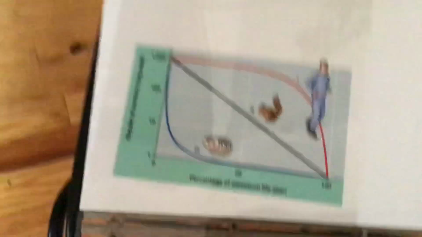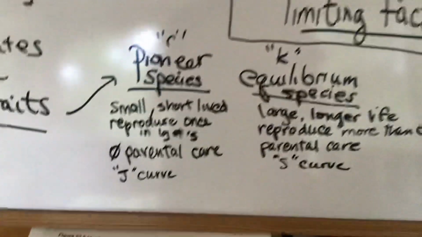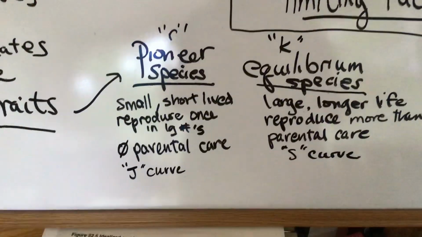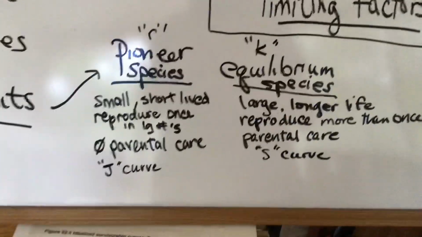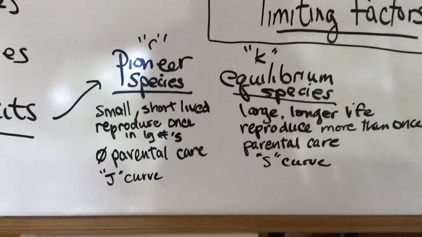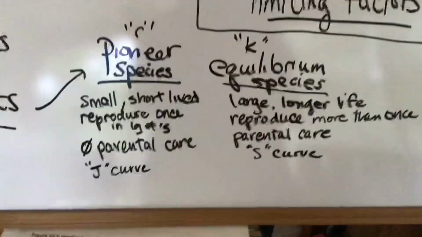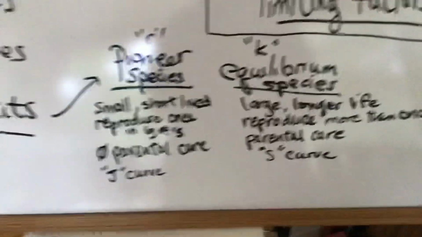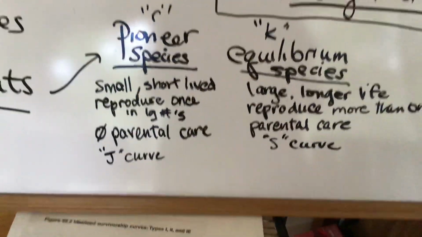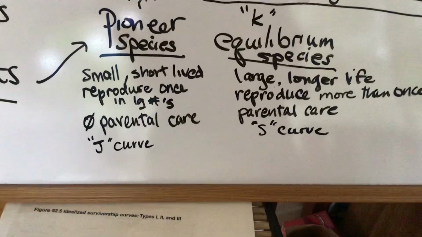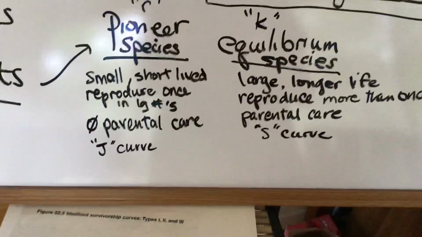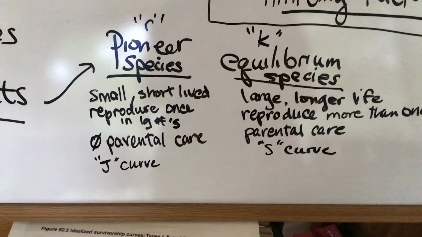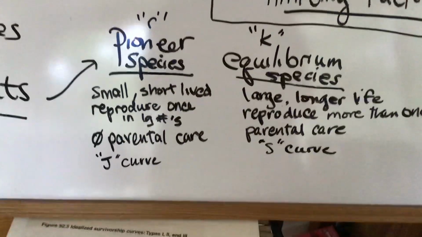Now that brings to mind something that we call life history strategies or life history traits. R selected are what we call pioneer species. These terms have to do with succession that we will talk about later, but basically in an early ecosystem, the species that would come in are what we call pioneer, because they're coming in first, and they're usually small, they live short, they have a J curve, that is, they have huge numbers of offspring, but only once in their life, they don't have parental care, and their lifespan is usually really small.